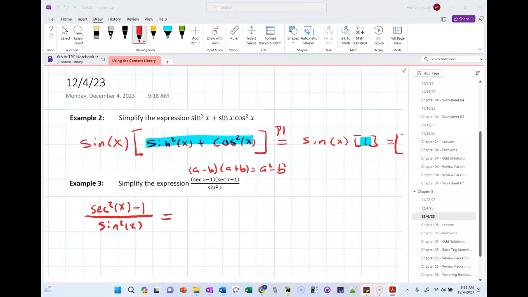Billy? Okay, so you could use R4 here to say that sine squared, you probably mean R1 though, right?